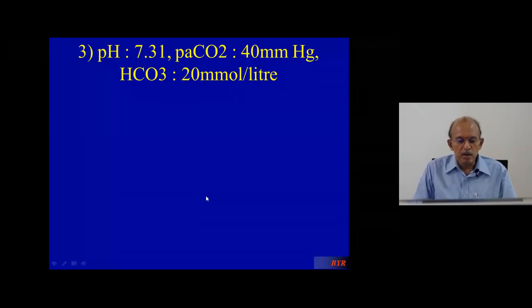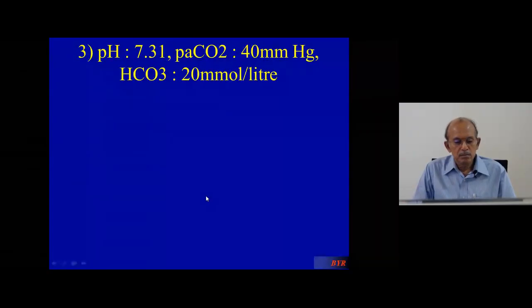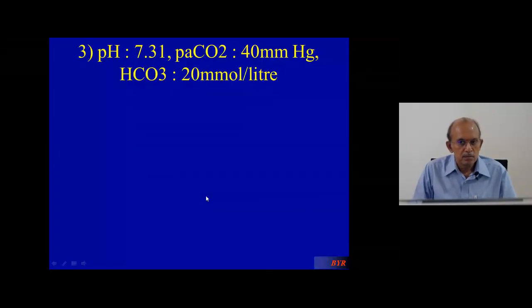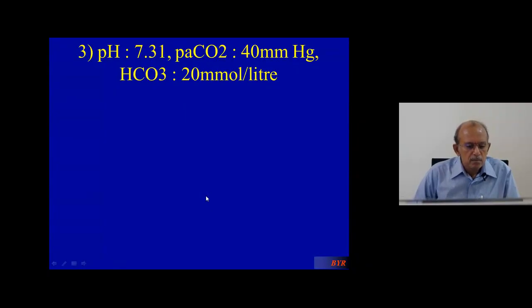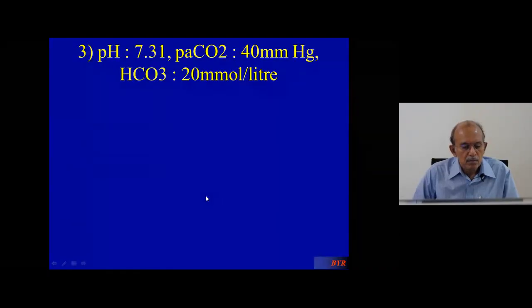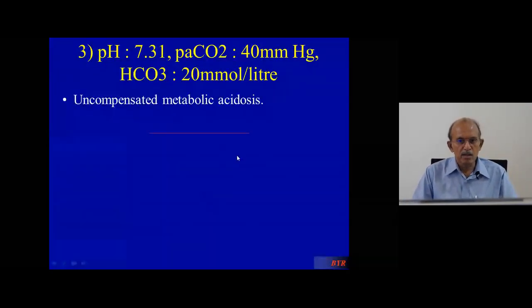This one, pH 7.31, PaCO2 40 millimeters of mercury pressure, bicarbonate 20 millimoles per liter. Yes, it is metabolic acidosis uncompensated. Very good.